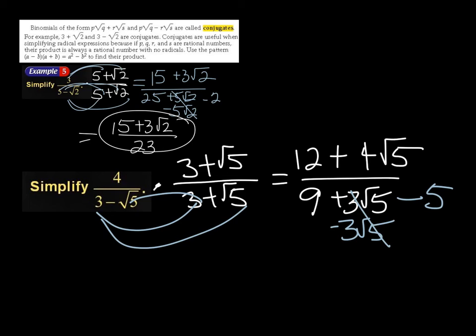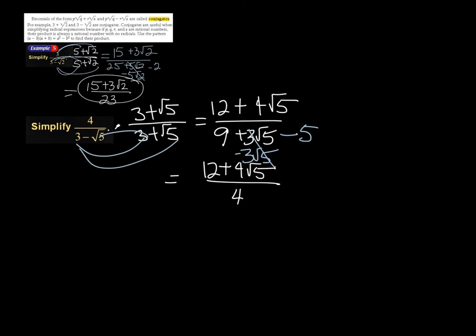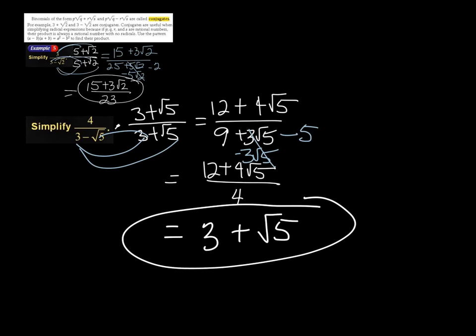Opposites cancel out, so we end up with 12 plus 4 square root of 5 over 9 minus 5, which is 4. Okay, happens to be this time that both of those are divisible by 4. So 12 divided by 4 is 3, plus 4 divided by 4 is 1. We don't normally write the 1 times square root of 5, so that would be our final answer.